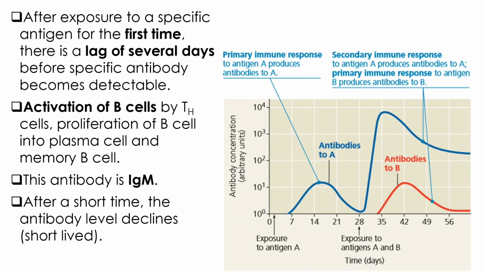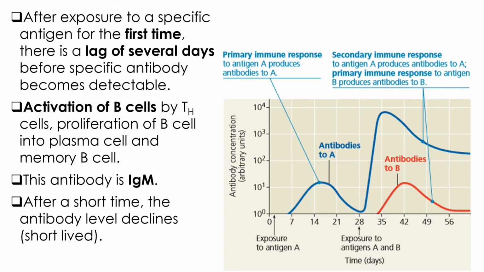During primary response, after exposure to a specific antigen, for example, in this case antigen A, for the first time, there is a lag of several days before the specific antibody becomes detectable inside the body. This means that the first time our body encountered a particular antigen, the immune system is not capable of immediately producing antibody against the antigen.